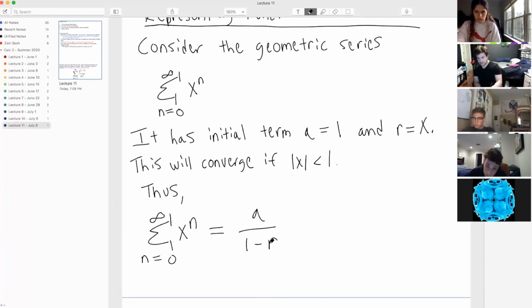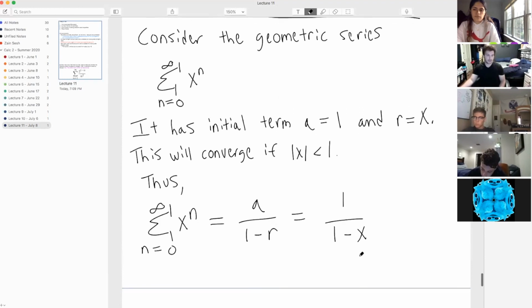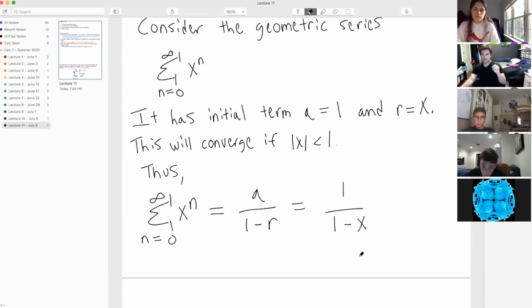That should look familiar. Now we just plug in our a and our r. Our a is 1, and our r is x. This is 1 over 1 minus x. We're just applying that formula for when a geometric series converges.